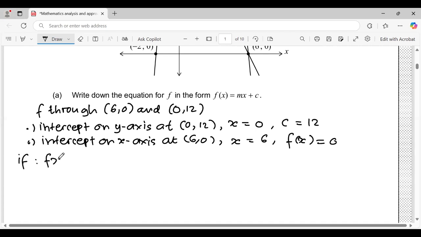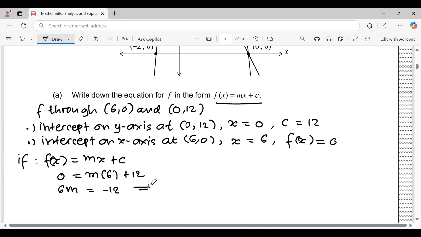If f(x) equals mx plus c, we can substitute this information into this function: 0 equals m times 6 plus 12. So 6m equals minus 12, m equals minus 12 over 6, it is minus 2.